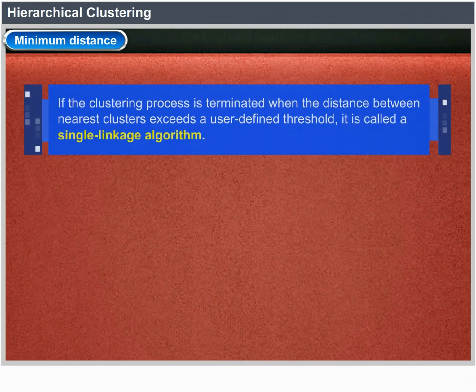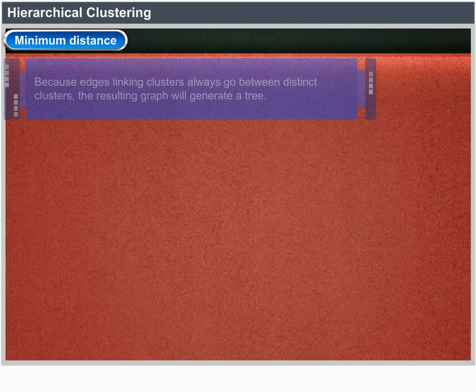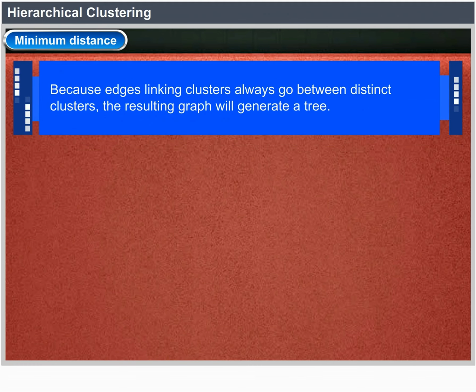If we view the data points as nodes of a graph, with edges forming a path between the nodes in a cluster, then the merging of two clusters, Ci and Cj, corresponds to adding an edge between the nearest pair of nodes, Ci and Cj. Because edges linking clusters always go between distinct clusters, the resulting graph will generate a tree.